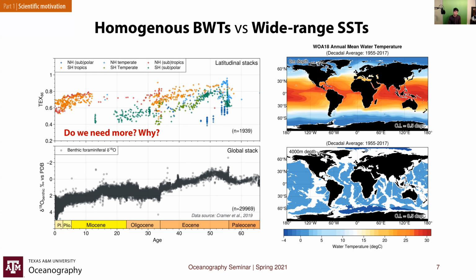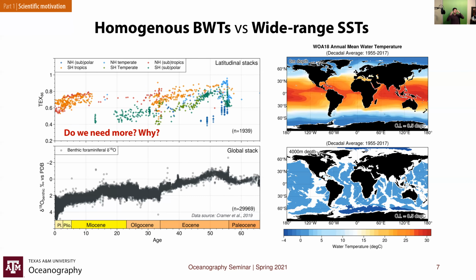So we need more data for the sea surface temperature records. But why? Will adding a few hundred data points change the status quo of what we already have or not?